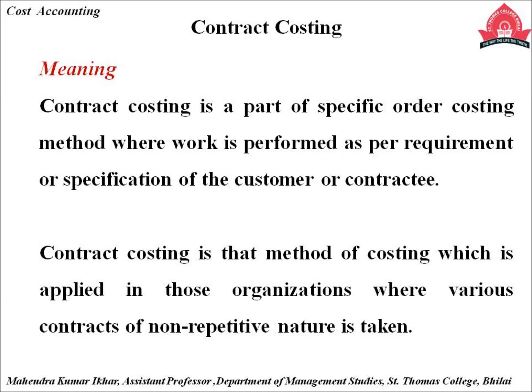Once the government finalizes a particular person, institution or company for giving the contract, the government will be known as contractee and the person, company or association will be known as contractor.